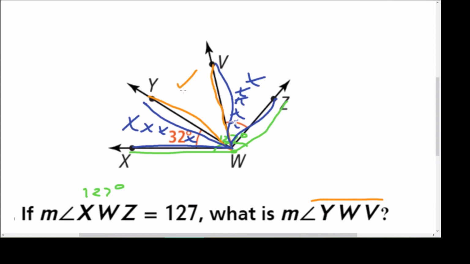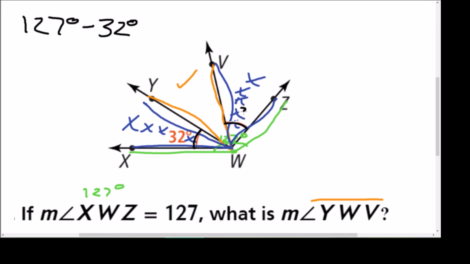All right. So the way this works is we have the overall angle of 127 degrees, and we know right now we don't want this 32 degrees, so we can pull it right out. Now we have a congruency mark here. We have a congruency mark here.